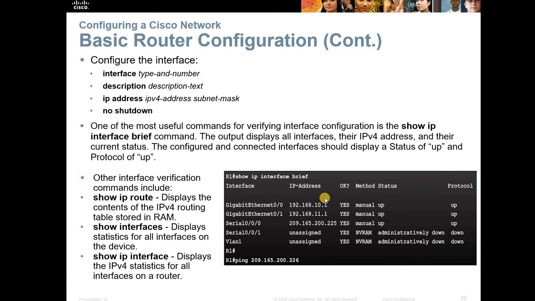A configured and connected interface should display status up and protocol up, the status of the port as well as the protocol. Other interface verification commands include show IP route, which displays the content of the IPv4 routing table stored in the RAM; show interfaces, which displays the statistics for all interfaces on the device; and show IP interface, which displays the IPv4 statistics for the IP interface on the router.